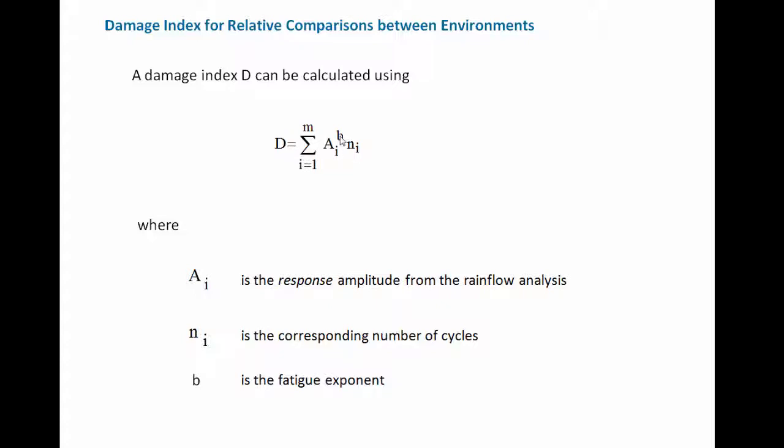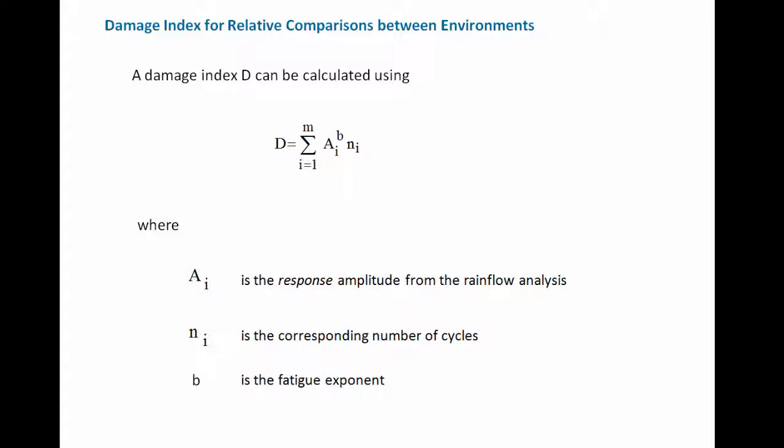Now why is fatigue exponent such a big deal? Because it's an exponent, and whether we set b equal to 4 or 6.4 or 9 or whatever, that has a huge difference on what this damage is going to be. But for our purposes, that's okay, because when we compare our 2 different environments and run them through this formula, we're going to have the same b value for each of those 2 environments.